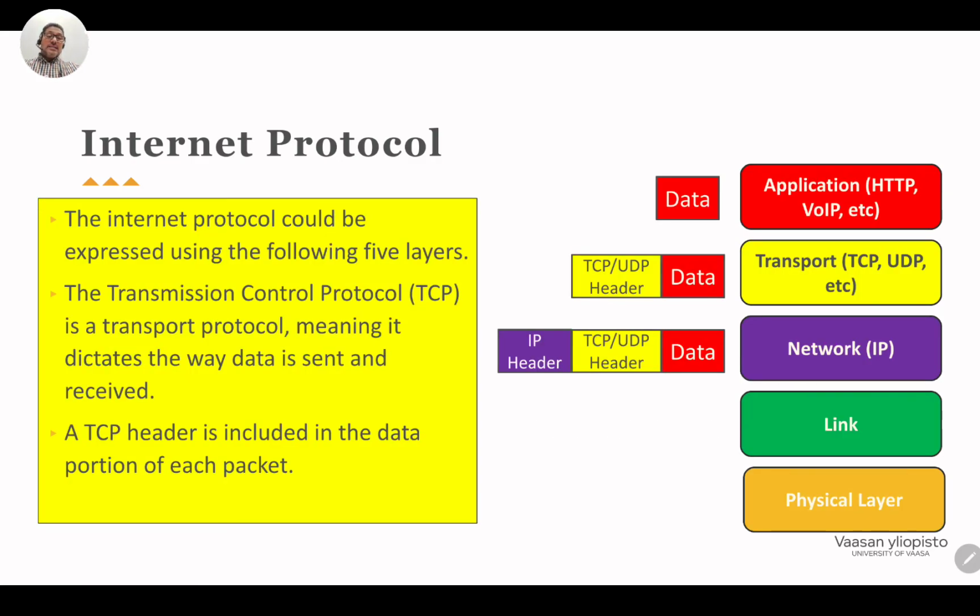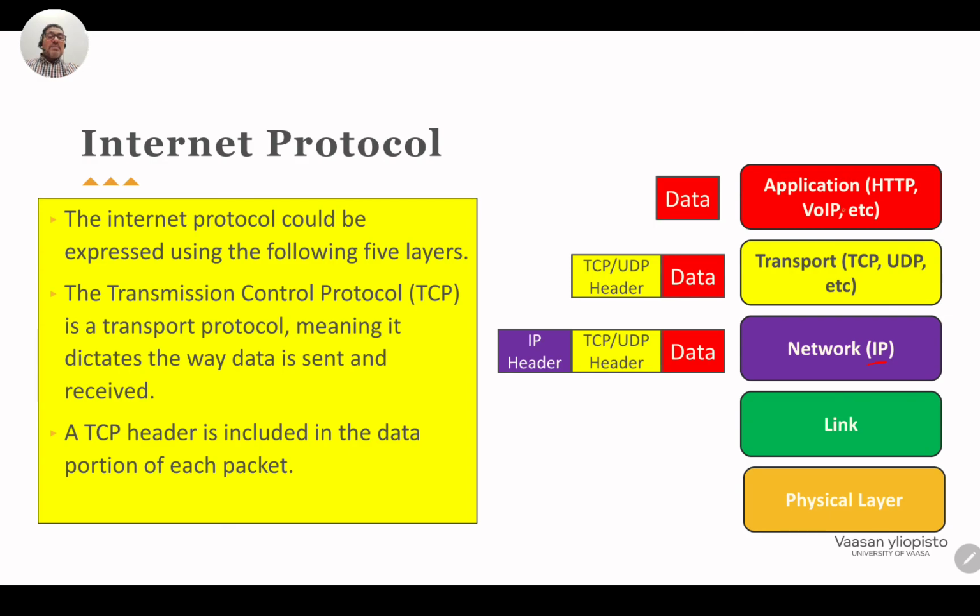The idea is that in the network layer we mainly use what is known as the internet protocol, and in the transport layer we use TCP, which means transmission control protocol, and UDP. We will come later to the difference between them.